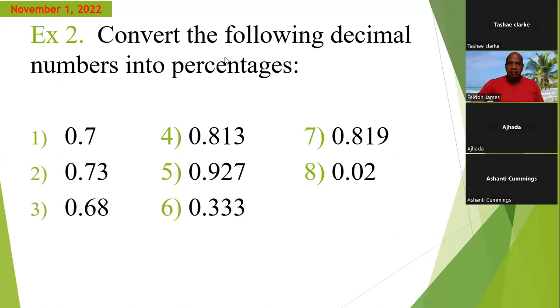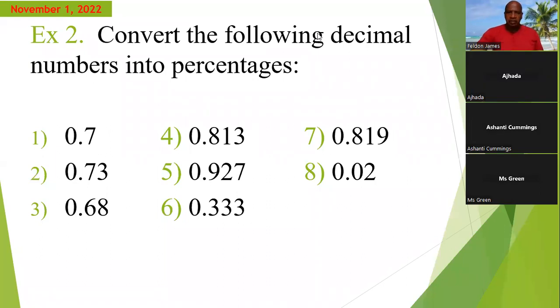All right, Ms. Clark's hand is up, so what do you get for the first one, guys? 70%, sir. What do we get for the second one? 73%.